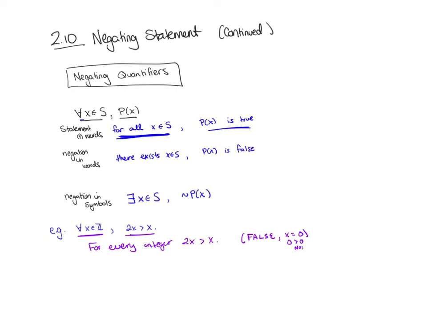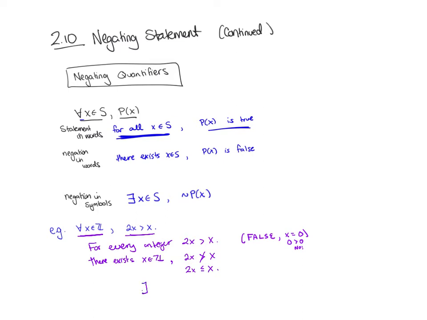So this overall statement isn't true because there exists some integer from that same set such that 2x is not greater than x, or usually instead of writing not greater than, we write less than or equal to, because that's the negation of greater than.